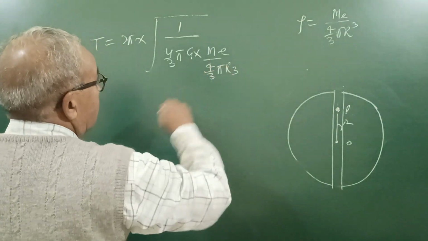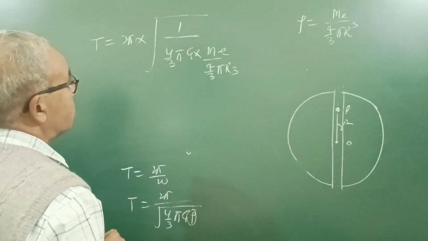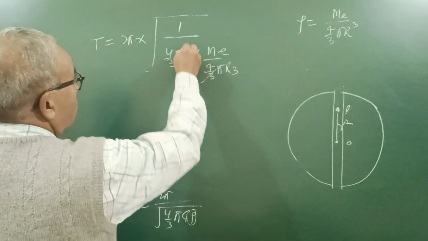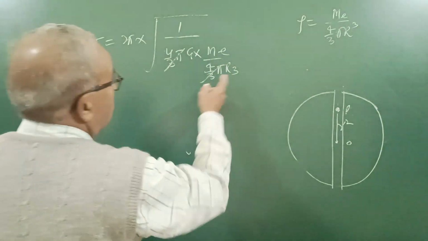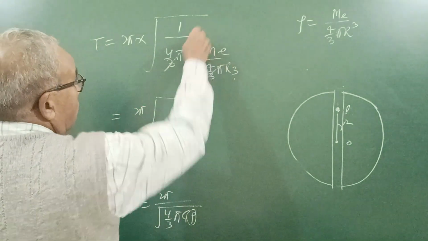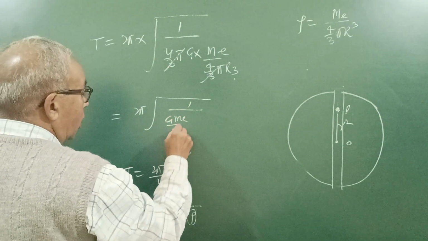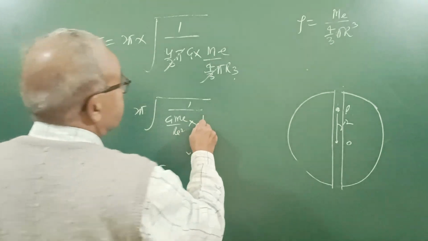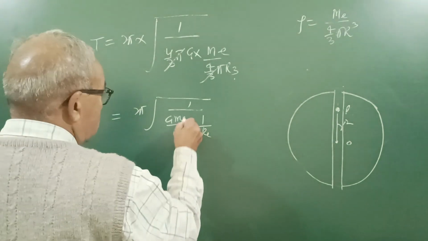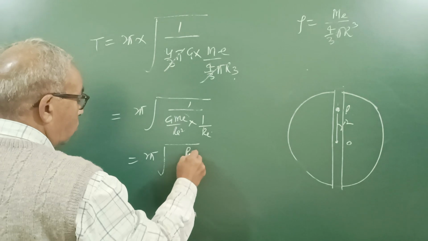So 4 by 3 pi R cube cancels, and it becomes 2 pi under root 1 upon G M_E upon R_E square into 1 upon R_E. Again this is g, and this is 2 pi under root R_E upon g.